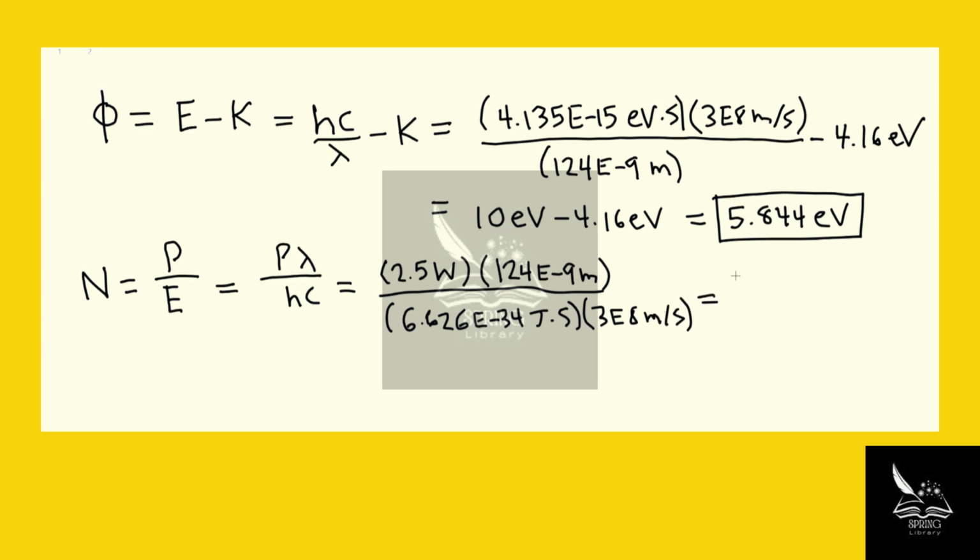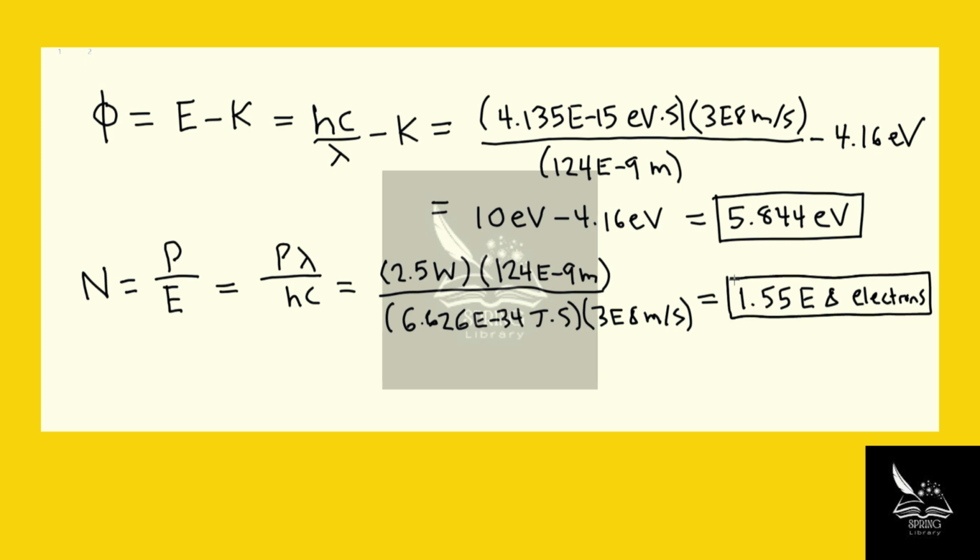And the result is about 1.55 times 10 to the 8 electrons, or equivalently photons, because there's a one-to-one relationship. For every photon, we make an electron. That's the idea.